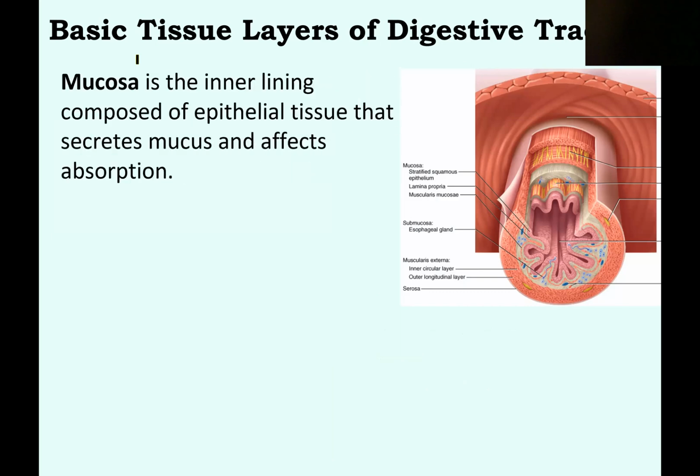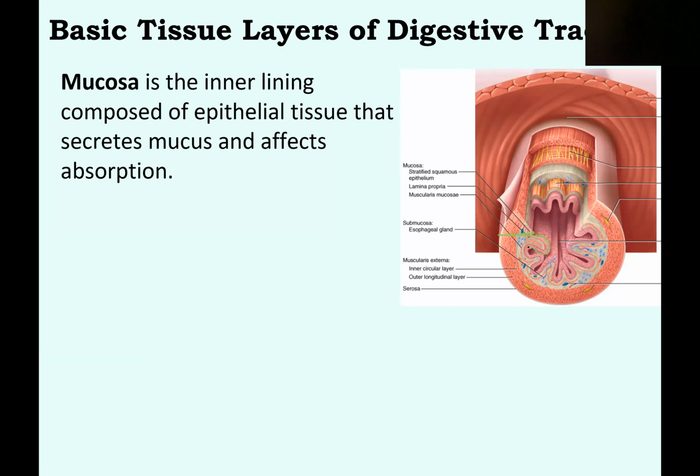The deepest one is the mucosa. It's the inner lining of some type of epithelial tissue. That's going to secrete mucus and affect absorption.